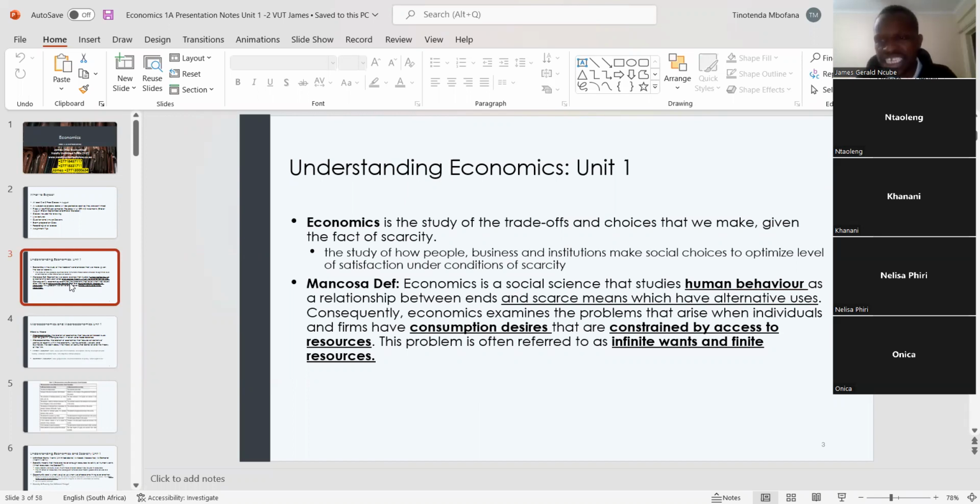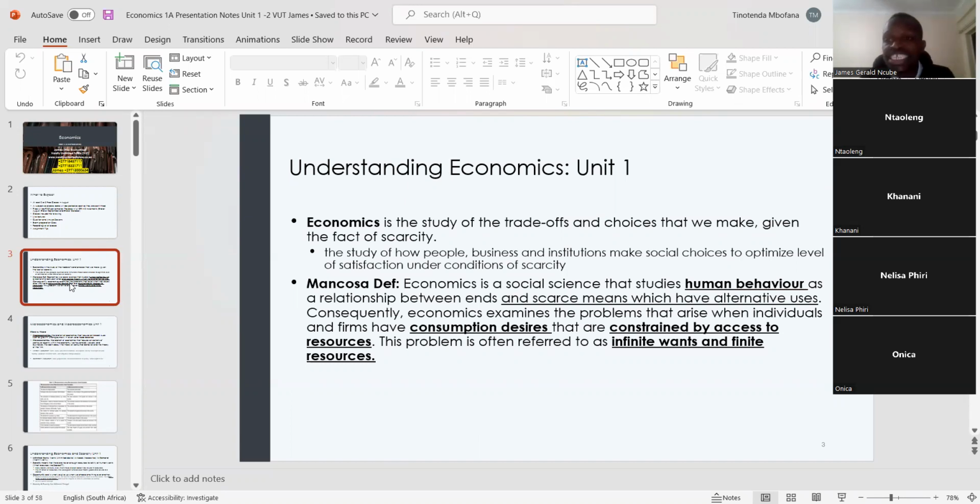What you desire as an individual is unlimited. I gave the example that I want a house in Durban, I want a house in PE, I want a house in Cape Town, I want to drive a Bugatti, I want to drive a BMW. So the desires or wants that I have as an individual are unlimited, whereas the actual resources to create those goods and services are limited in nature.